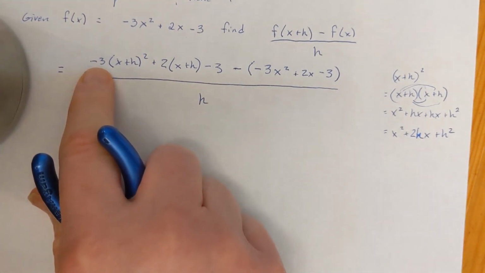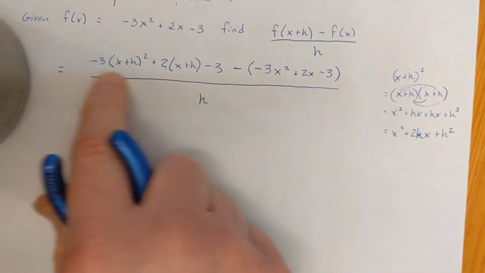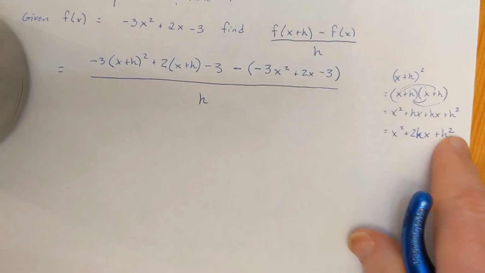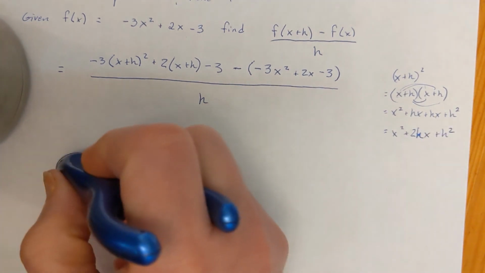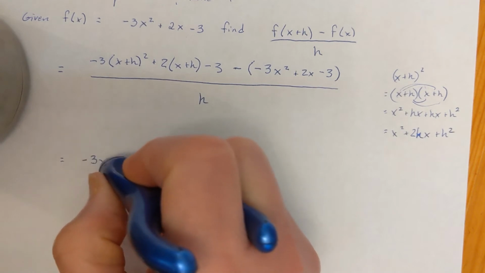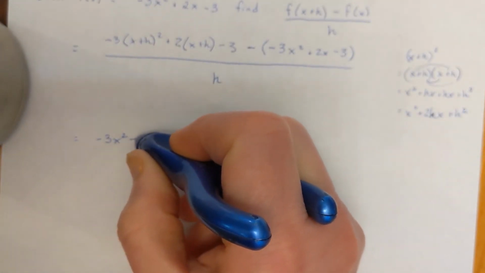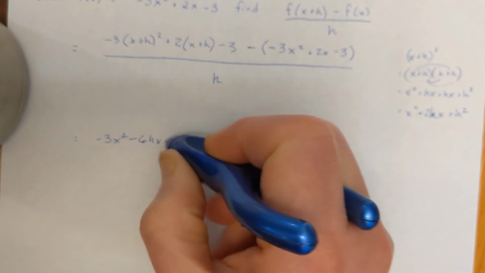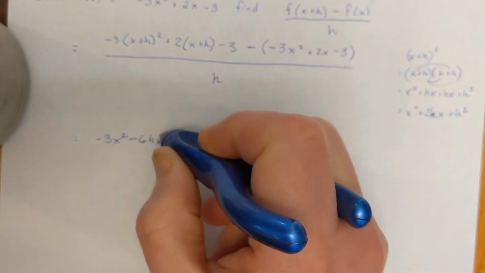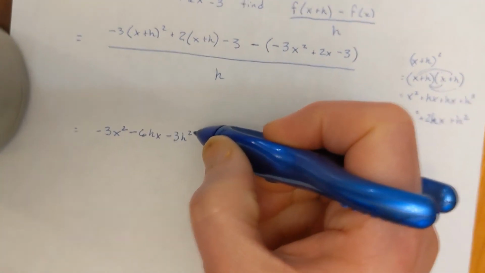So I'm going to now multiply it by negative 3, or distribute my negative 3 to x plus h quantity squared. And this will give me negative 3x squared minus 6hx minus 3h squared.